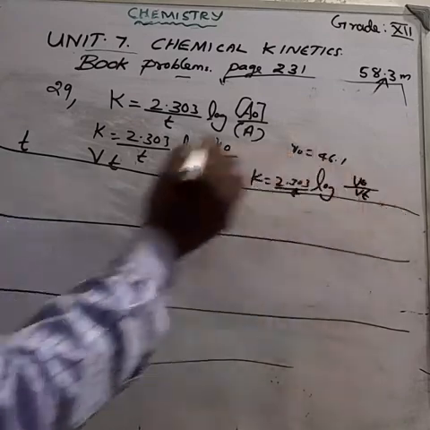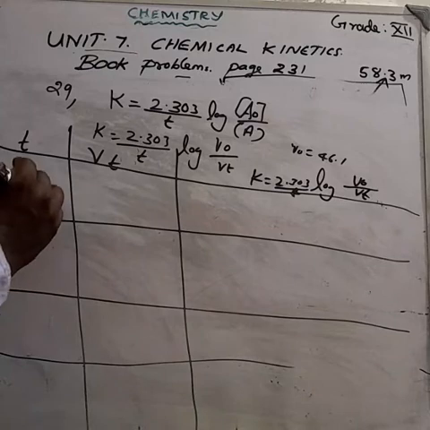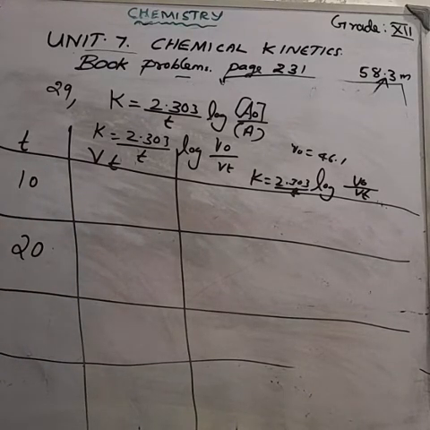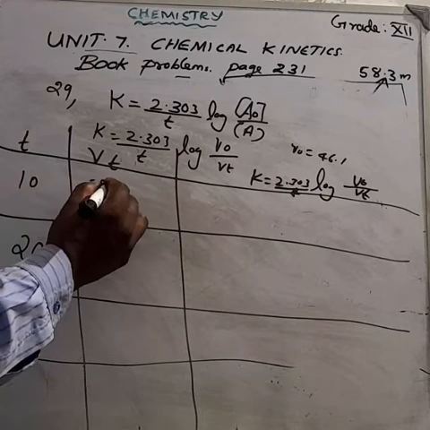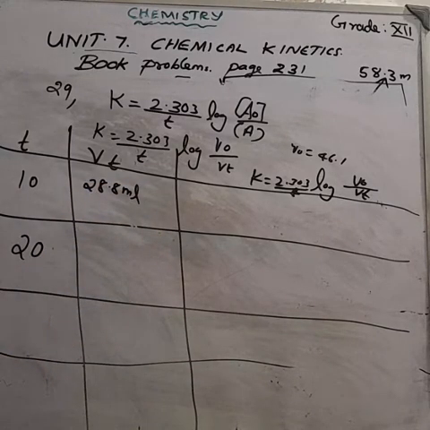For time, I write 10 minutes, 20 minutes. Vt at 10 minutes, the value given in the question is 28.8 ml, and at 20 minutes it is 19.3.